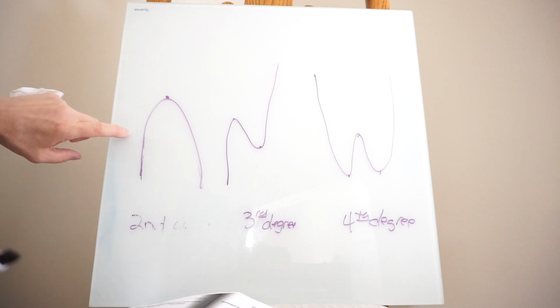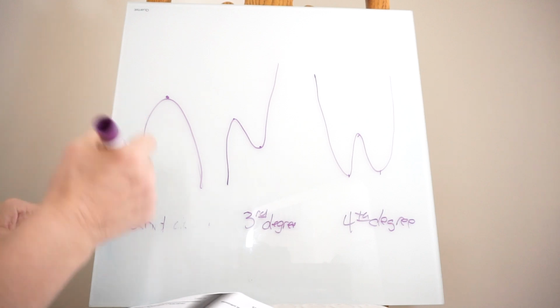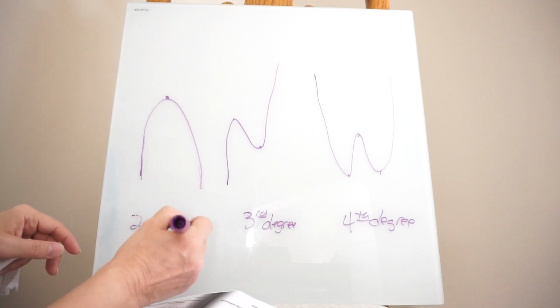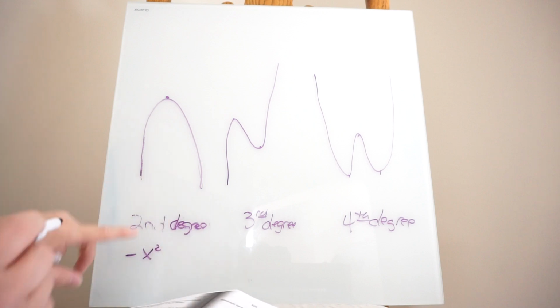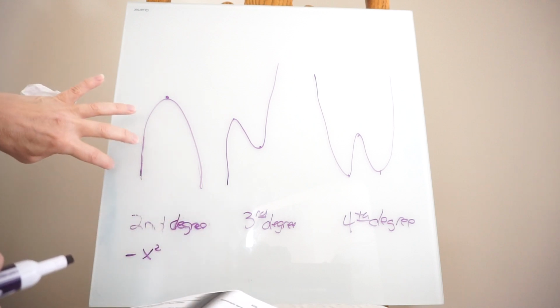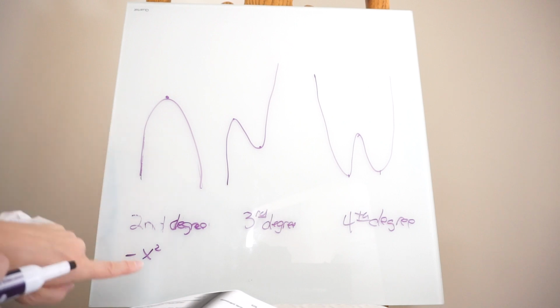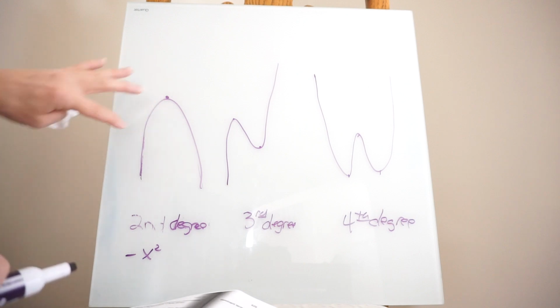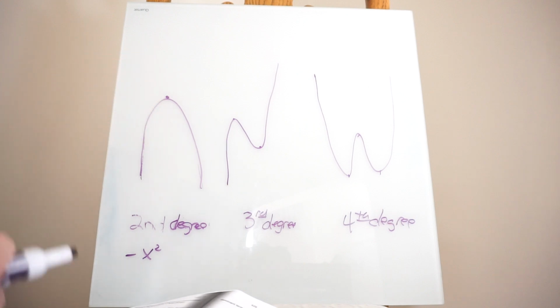So this graph of the second degree polynomial, we had this would be a negative x squared, and we could see with that as we got very large negative numbers, so say we had negative 10, well negative 10 squared would be 100, but then the negative sign in front of it would mean that as this continued on, it's going to get very large negative.